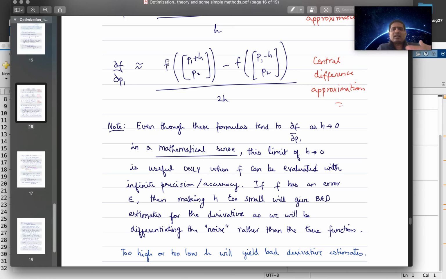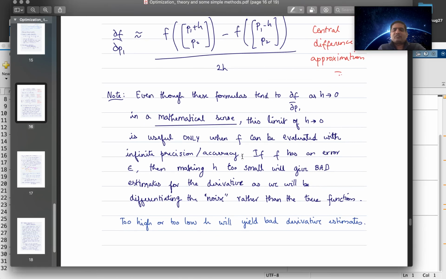But if f can be evaluated only to finite precision, in other words there is an error in your evaluation of f, and of course any numerical evaluation of f will have a small error because we always operate with finite precision in general, this ratio will not converge to the derivative as h goes to 0. In fact, if you make h too small, this estimate will diverge, will sort of go to infinity or do some crazy thing.